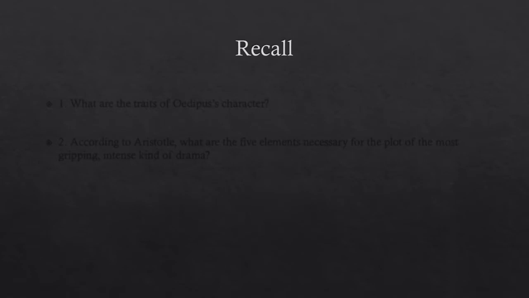So for recall, what are the traits of Oedipus's character? You map these out, ideally, as you were reading or as you were listening to the last lecture. And so we'll do our comparison of protagonists here, and we'll add number 6 to the list of protagonists, Antigone. So as a recall to prepare us for that, what did we think of Oedipus? What was he like?